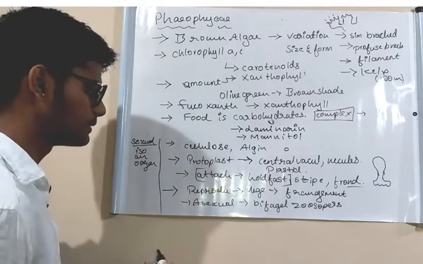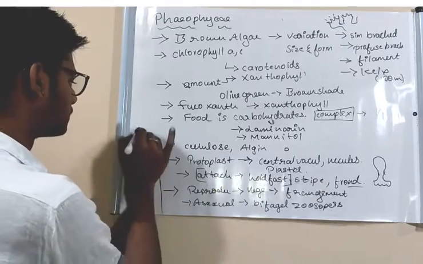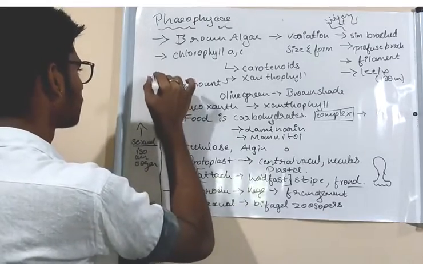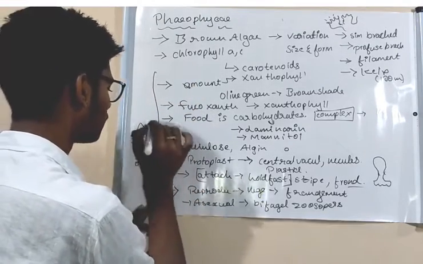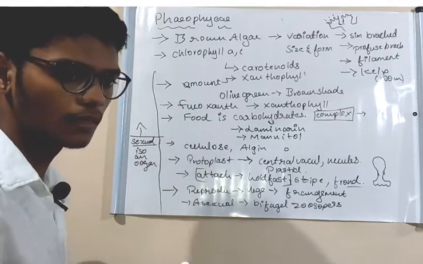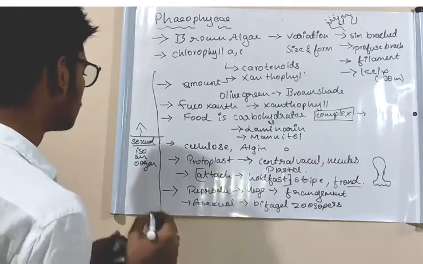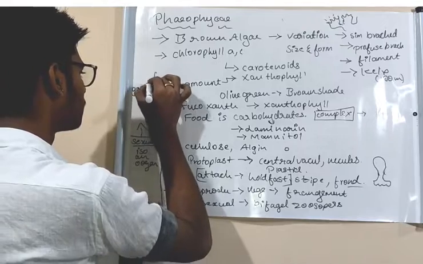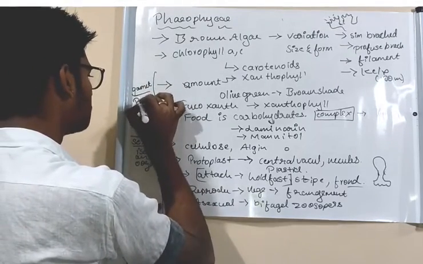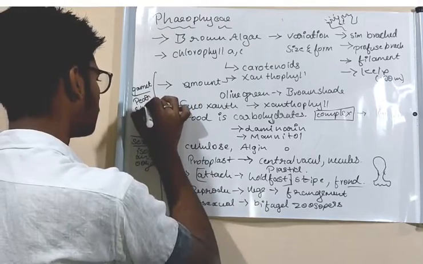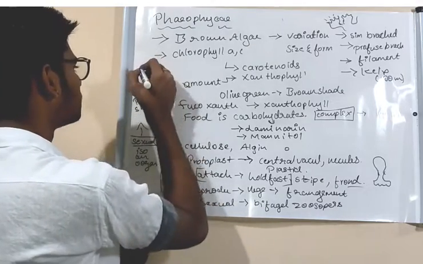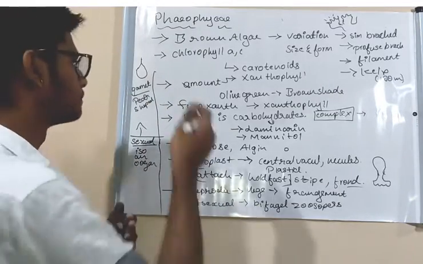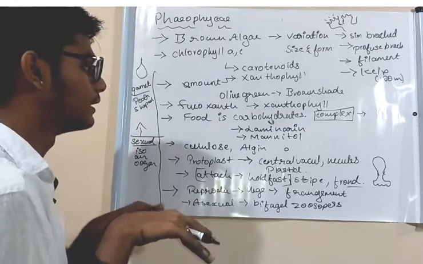Another thing we have to see is that the gametes in sexual reproduction are pear shaped and contain lateral flagella.